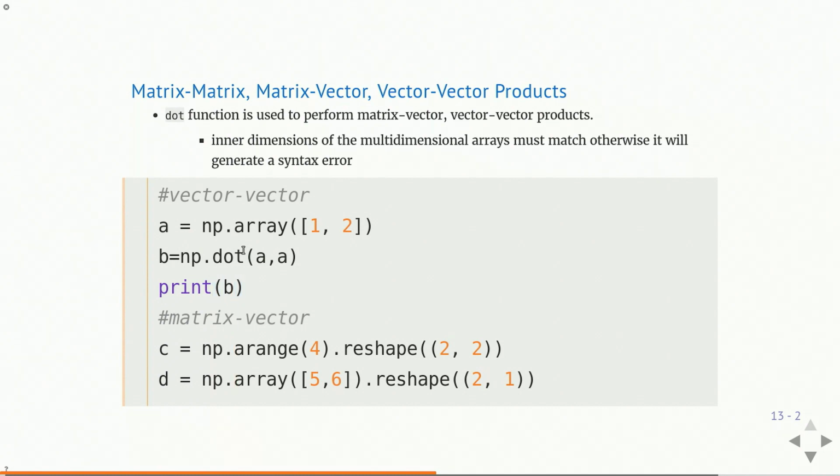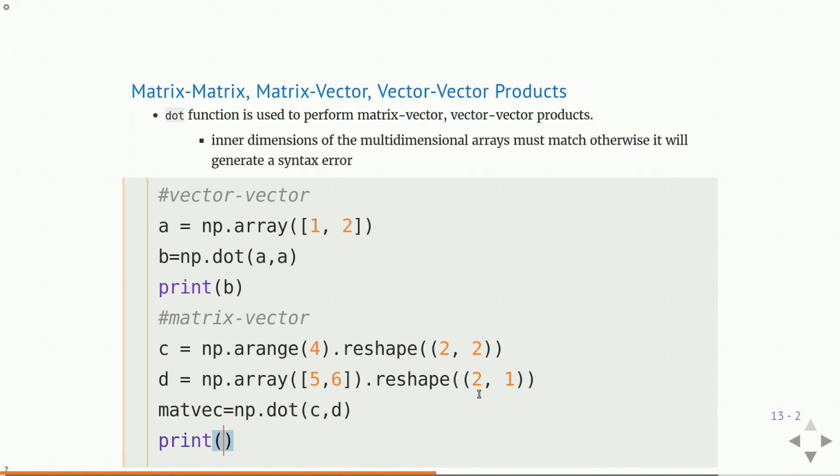For computing the matrix-vector or matrix product, the inner dimensions must match. Here we are given a two-dimensional matrix and a column vector, so we can take a matrix-vector product. Let's suppose matvec is equal to np.dot(c, d).